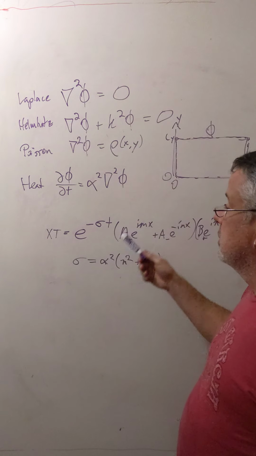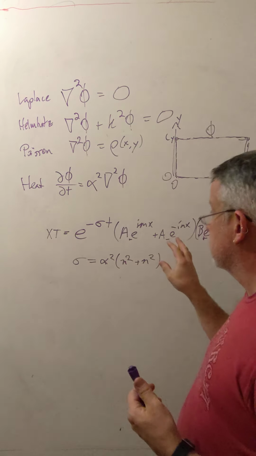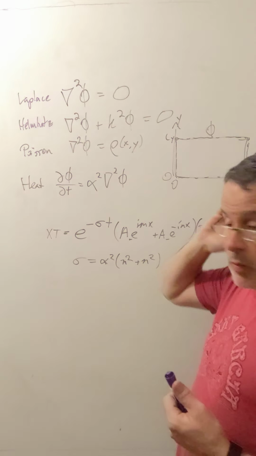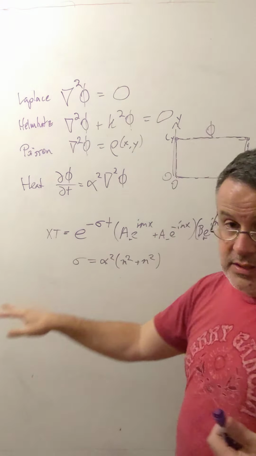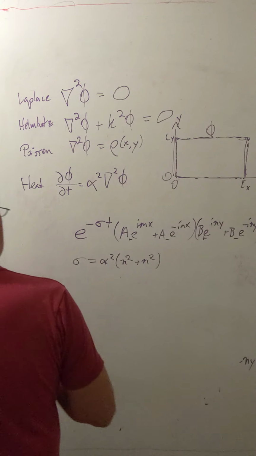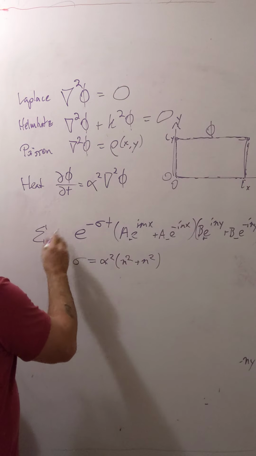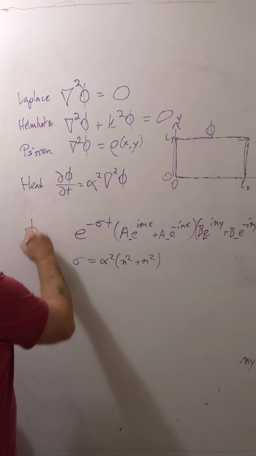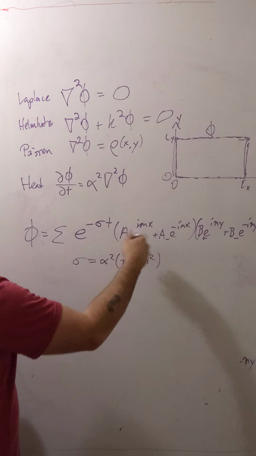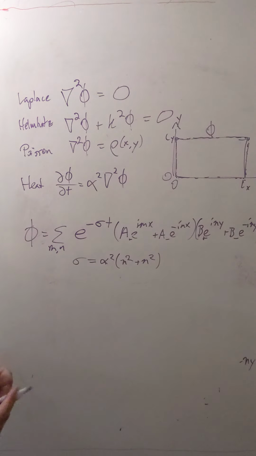This is just one of the solutions that we could have to this equation. We could actually sum a whole mess of these, and in fact, we're probably going to have to sum a whole mess of these in order to match the boundary conditions and the initial conditions. So we should really say that phi is equal to a sum over this kind of thing, with m and n being something that you could choose later.